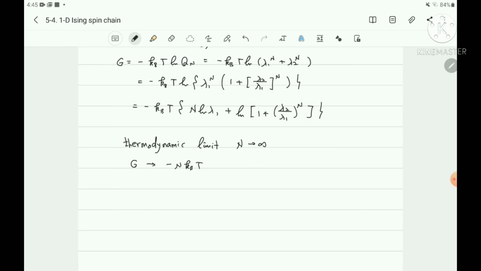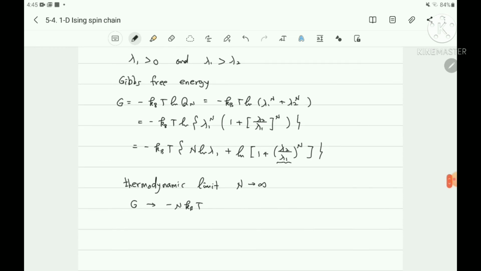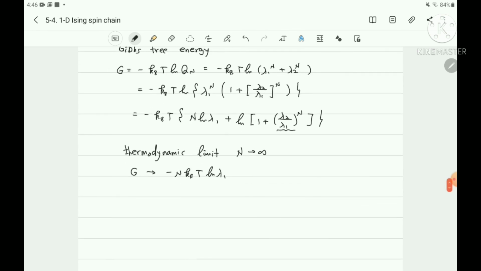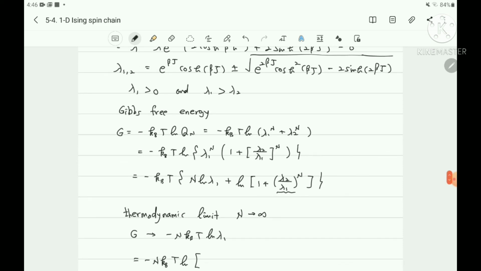Here we assume that lambda 1 is greater than lambda 2, so the ratio is less than 1, and a value less than 1 to the power of infinity goes to 0, and ln 1 is also 0. Therefore, it is minus n kBT ln lambda 1.